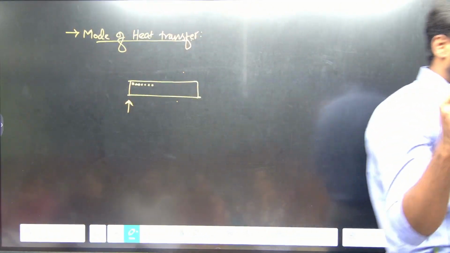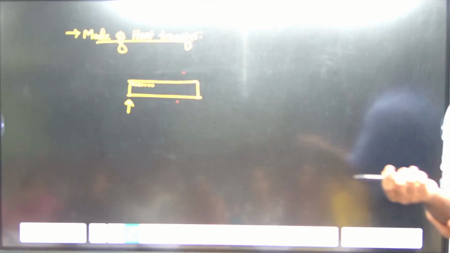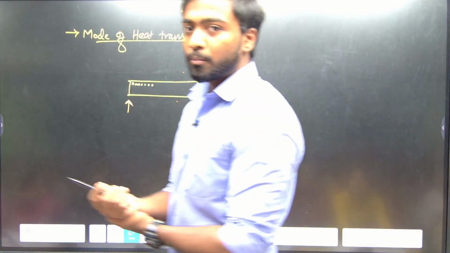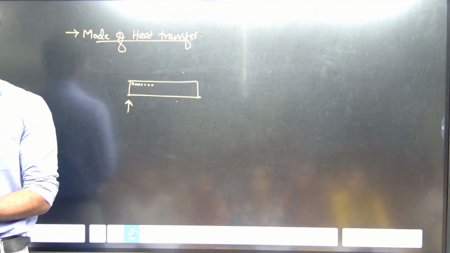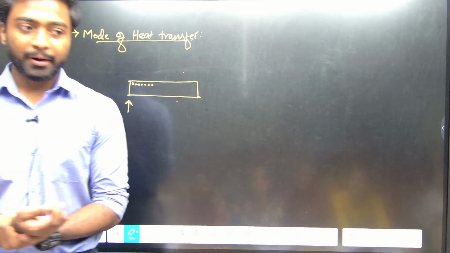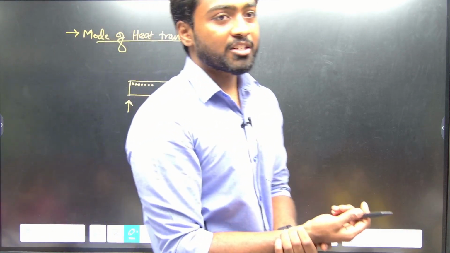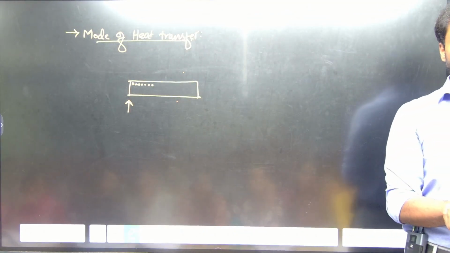I have studied this in mechanical engineering, so no need to worry about those things, they won't ask. Similarly for iron also. If we consider the iron rod is melting at 1100 degrees Celsius, if I produce 800 degrees Celsius, will it melt? No. So I need to increase the temperature.